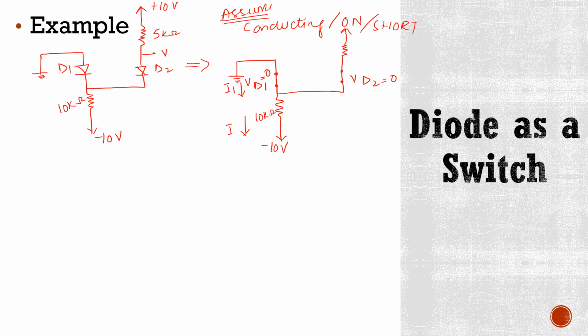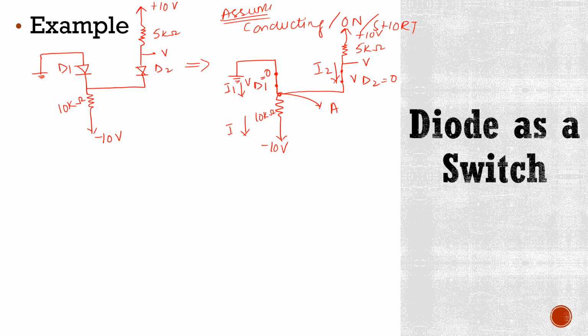Here resistor is 5 kilo ohms, this is plus 10 volts, and this is V. Now look at this point, we call this node A, and here current I2 is flowing across diode 2.